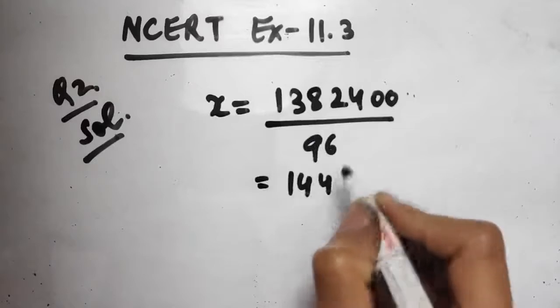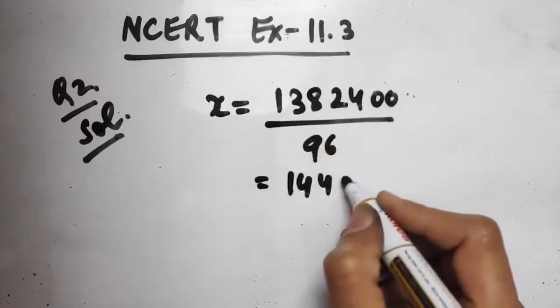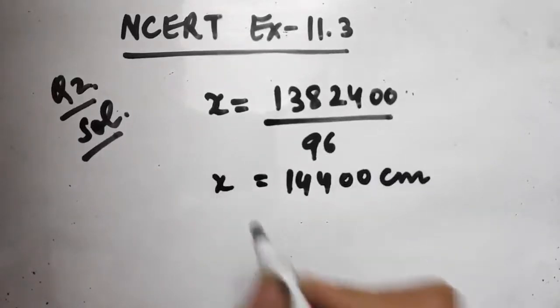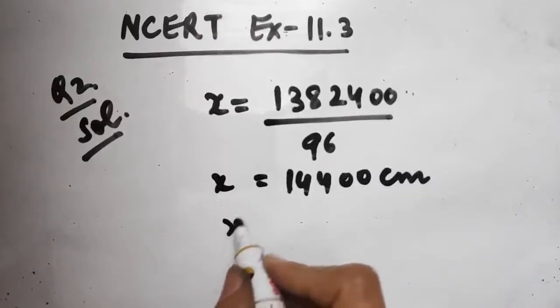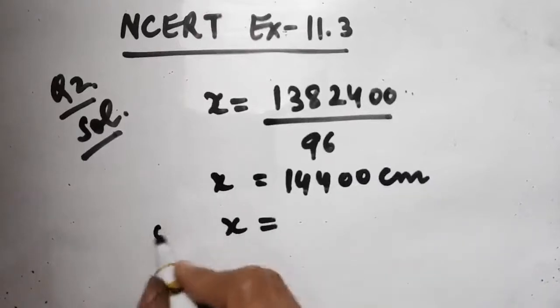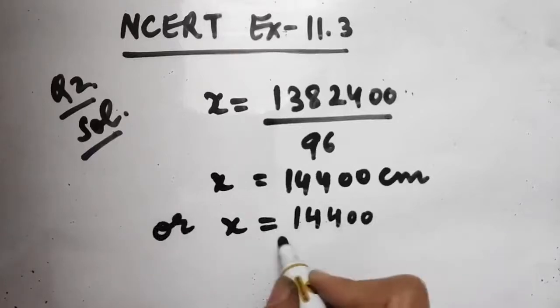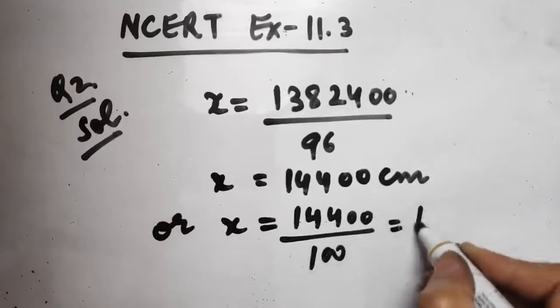After cancelling or dividing it properly, you will get 14,400 centimeters. You can leave the answer in centimeters, or you can convert it into meters also. After converting it into meters, you are supposed to divide it by 100.